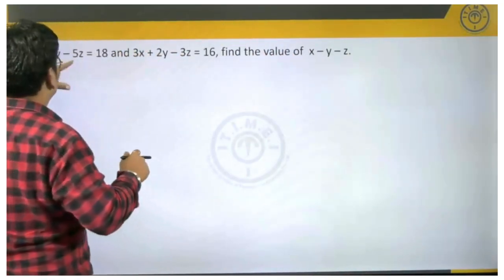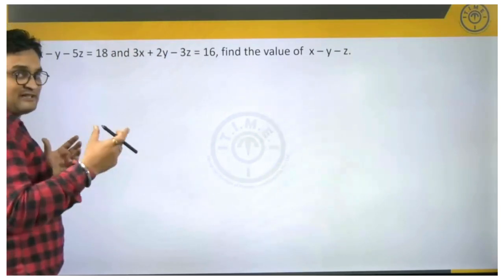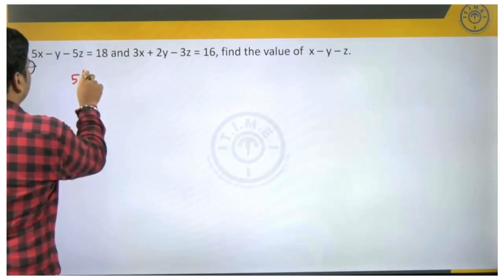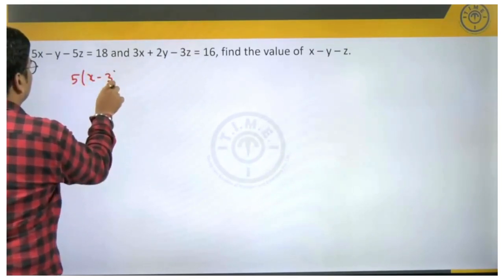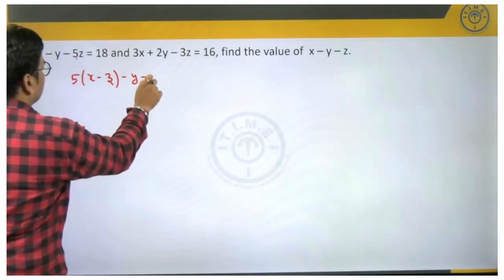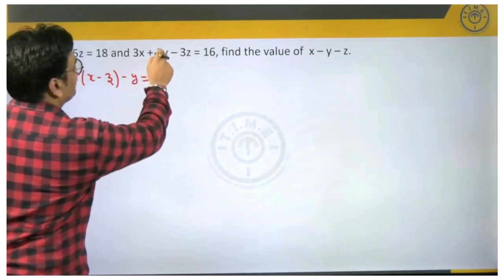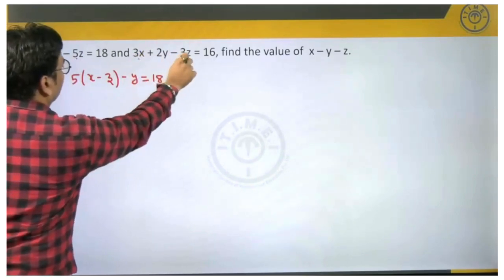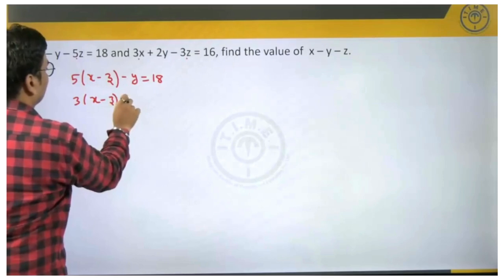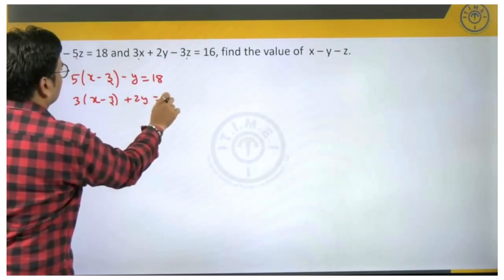Now, looking at the equations and the way in which they are structured, can we write the first equation as 5 into x minus z, I am taking 5 common, minus y is 18, and second equation again can I take 3 common, 3 into x minus z plus 2y is 16.